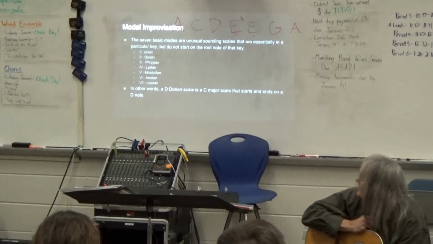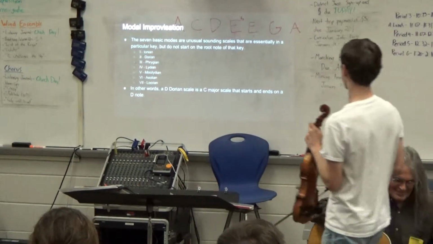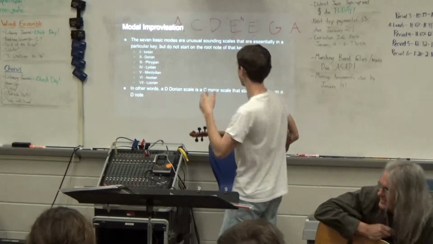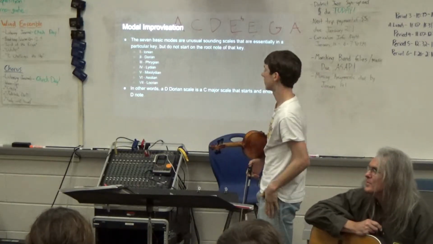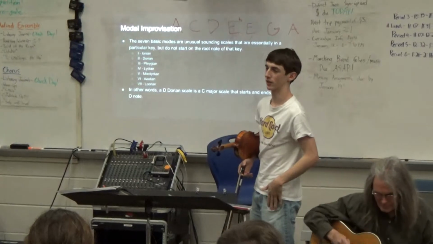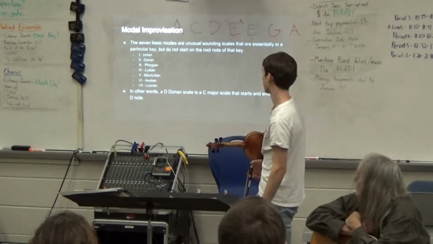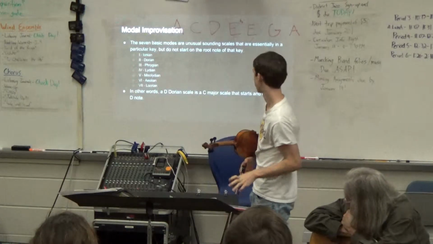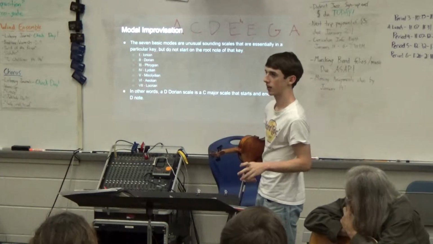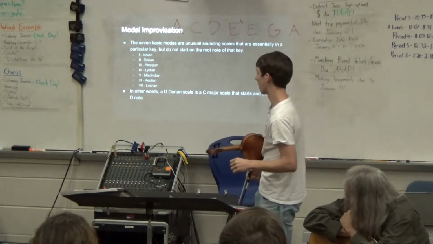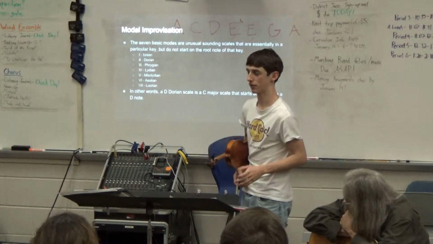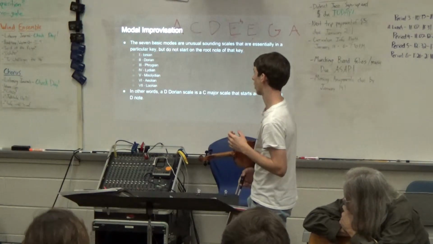Modal improvisation. There are a lot of modes, but the 7 basic modes of music are unusual sounding scales that, at the most basic explanation, are essentially in a key but have a different root note.